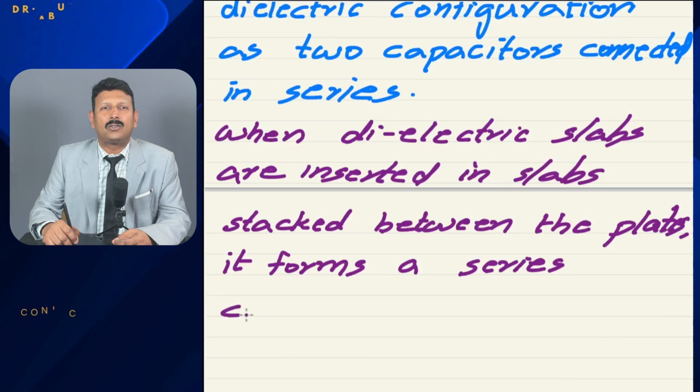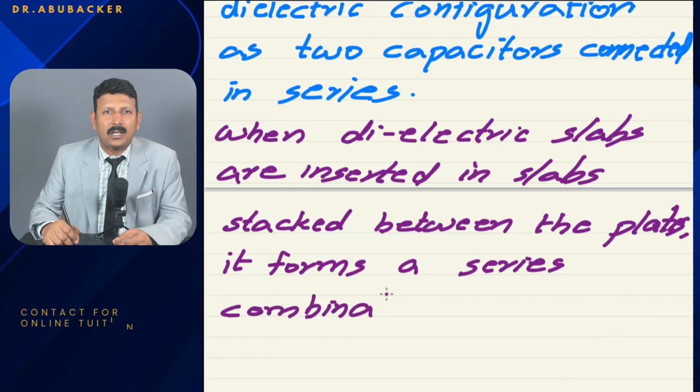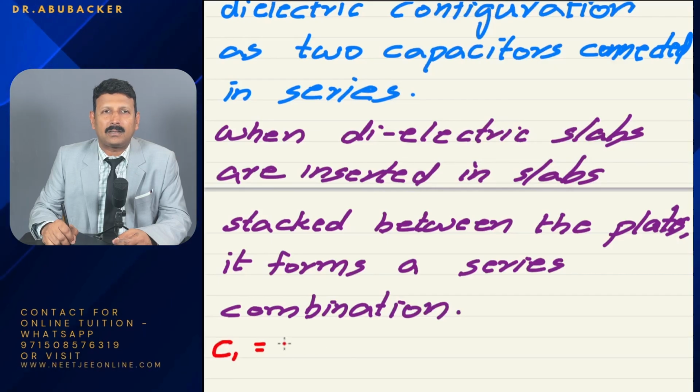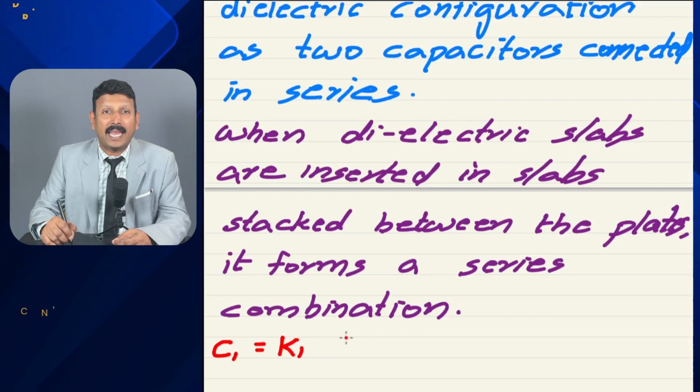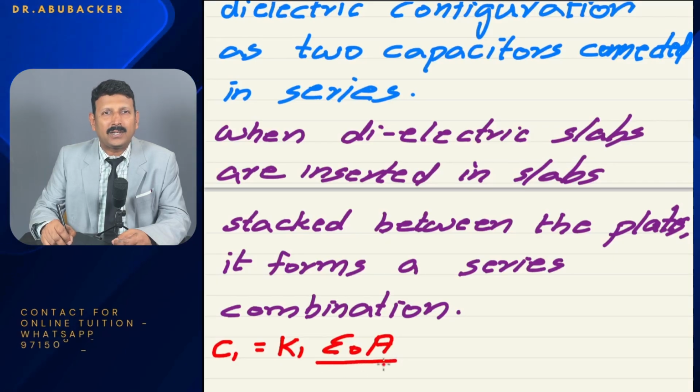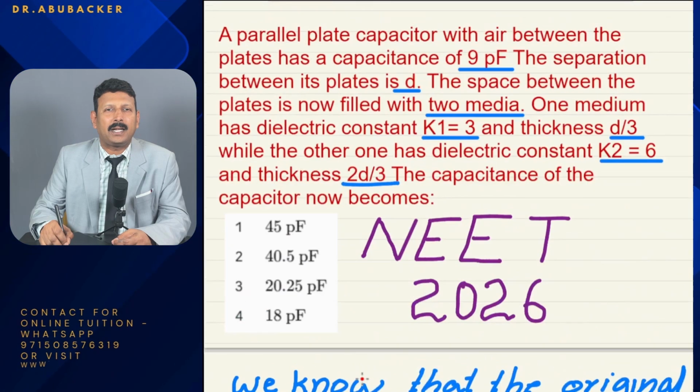Combination is in series, that is clear because there are two materials placed one after the other between the plates of the capacitor. So, C1 is equal to, you know that when a dielectric is inserted, capacitance becomes K times, that we studied in the theory. So, C1 is equal to K1 times epsilon 0 A by D, that is the equation.